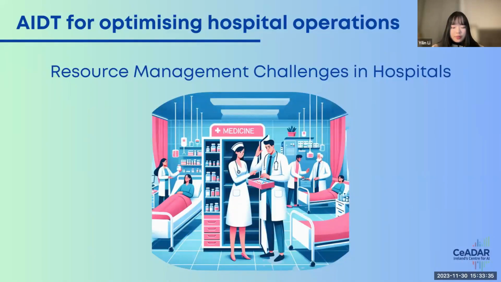At the heart of the problem is a mismatch between the demand and the capacity. Hospitals need a solution that provides a near-instant snapshot of the available resources, enabling them to adapt quickly and efficiently to changing needs.